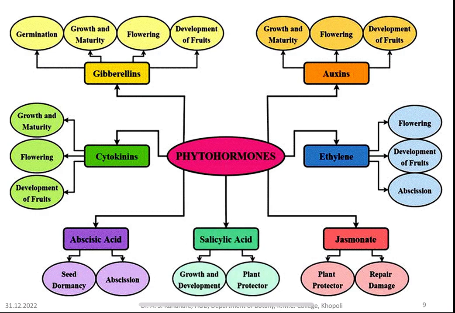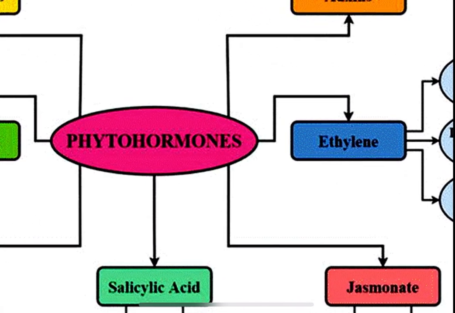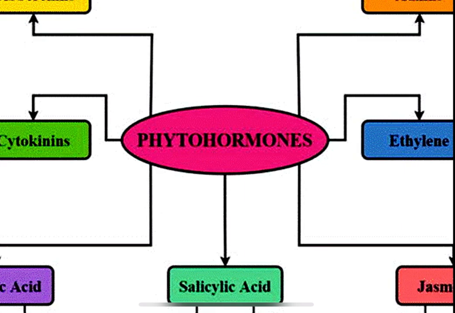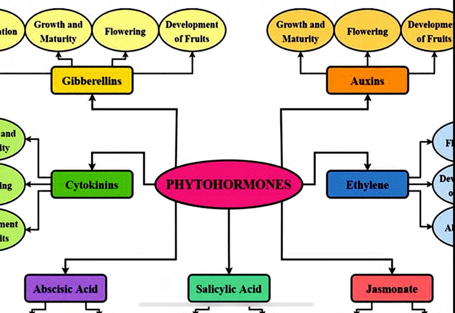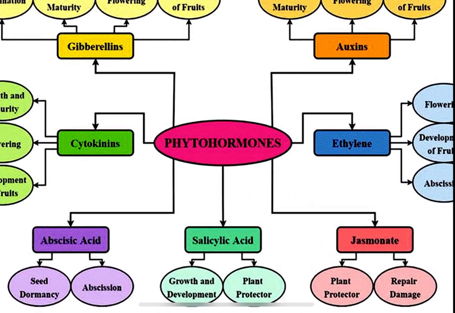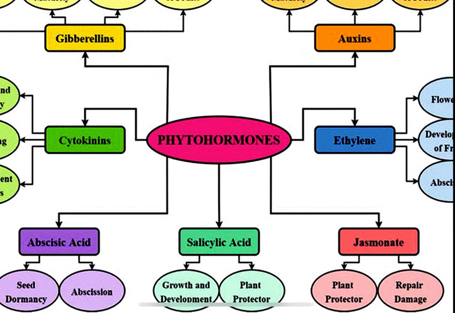So here is another chart that indicates different hormones. So here you can see these are the phytohormones. As I have told you, number of phytohormones are there. The important phytohormones are listed here: auxins, isn't it?